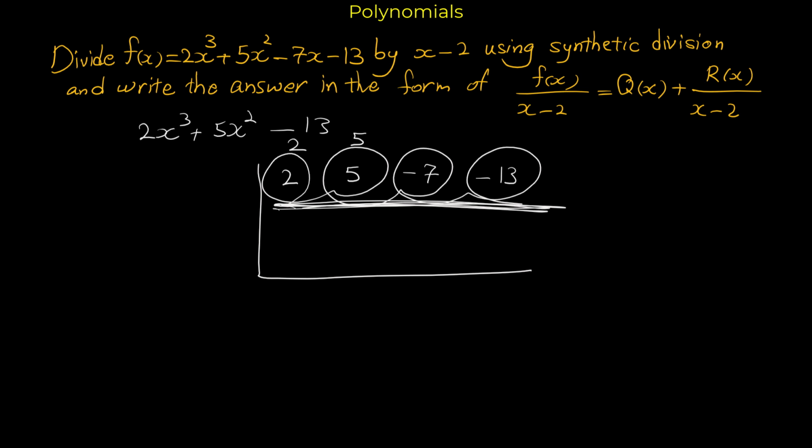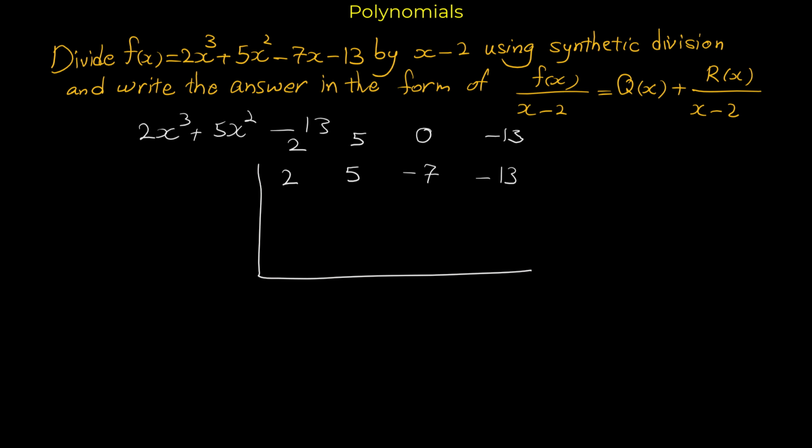If a term is missing in the polynomial, you have to put a coefficient of 0 for that term. In this case, x is not in the polynomial, so basically we have 0x, so you have to put a 0 here. So 0 would be here, and then -13 still would be the last coefficient. So please don't forget, this is very important and it's a very common mistake.